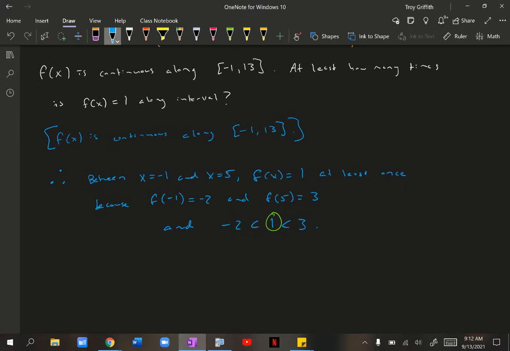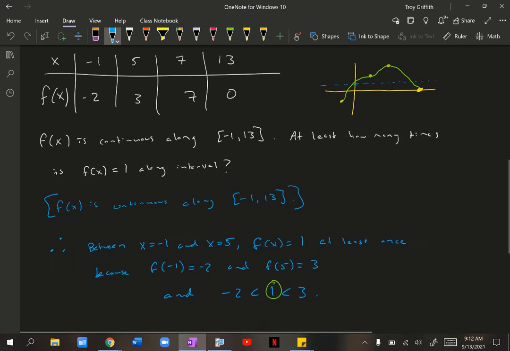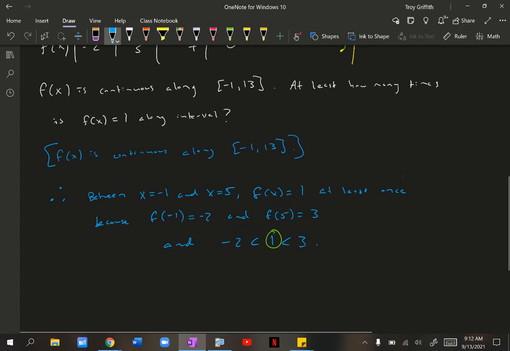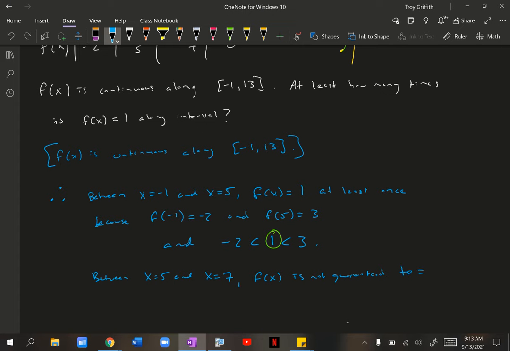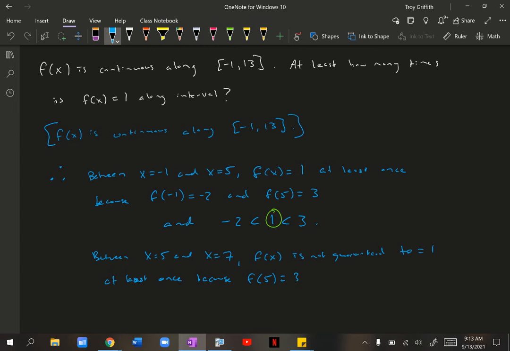Okay, if we wanted to go through every interval right here, we would have to say between x equals 5 and x equals 7, f of x is not guaranteed to equal 1 at least once, because f of 5 equals 3 and f of 7 equals 7.